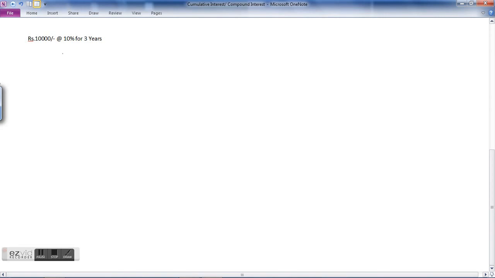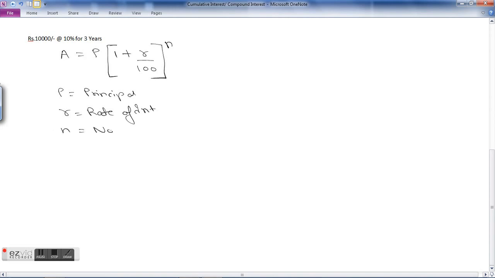So the formula for cumulative interest is A, that is the amount, equals P into 1 plus r by 100, the whole raised to n, where P is the principal, r is the rate of interest, and n is the number of years.